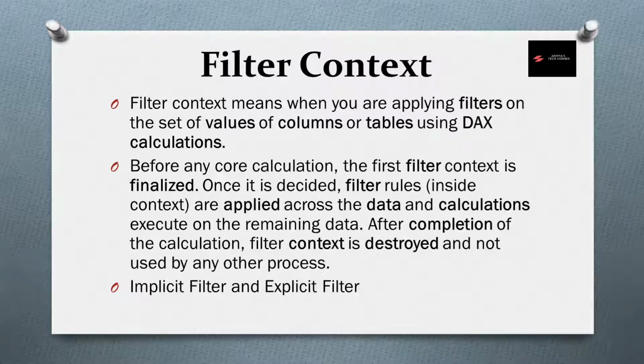After completion of the calculation, filter context is destroyed and not used by any other process. There are two types of filter context, implicit filter and explicit filter. When I show you the example, I will explain how implicit filter and explicit filter work.